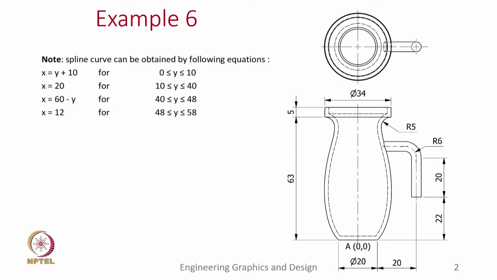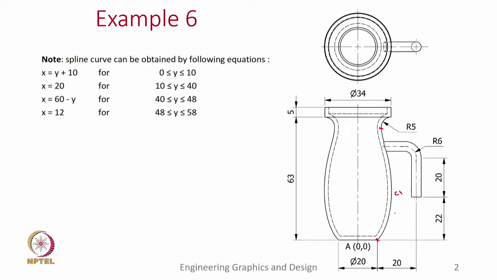But before I go to the software, let me point out where we are getting this spline. Let us say from this point to this point is the spline curve. I will call it C1, and then we will have other curves, but let us not discuss that right now.